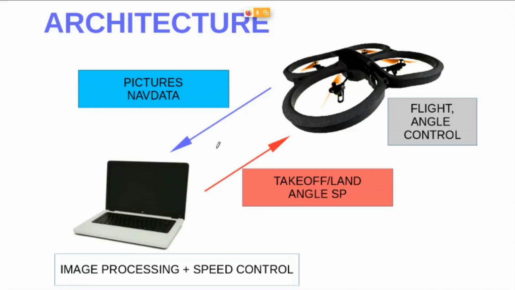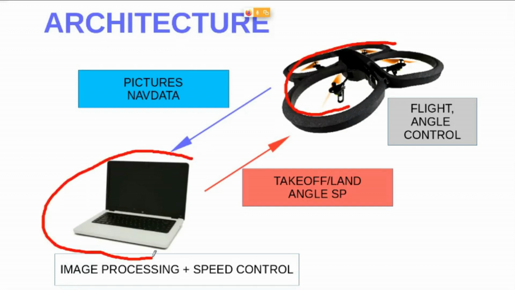So remember about our architecture. We have the aircraft and we have the remote controller, the remote computer. All the control strategies, all the commands and so on are within this computer. Here on the aircraft we have another computer, but there is no control at all about this subject.